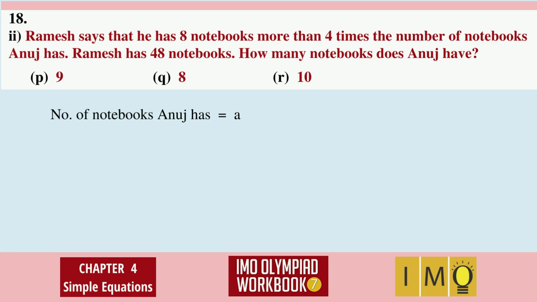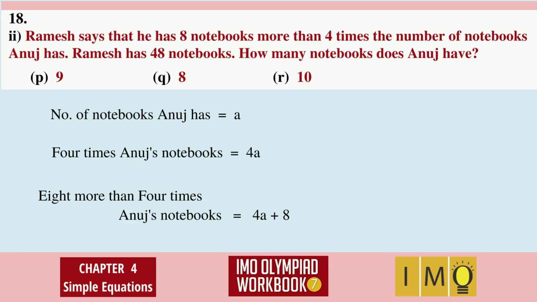So let's consider the number of notebooks Anuj has as A. So 4 times Anuj's notebooks will be 4A, and 8 more than 4 times Anuj's notebooks will become 4A plus 8. Now this is equal to the number of notebooks that Ramesh has, which is 48. So 4A plus 8 is equal to 48.